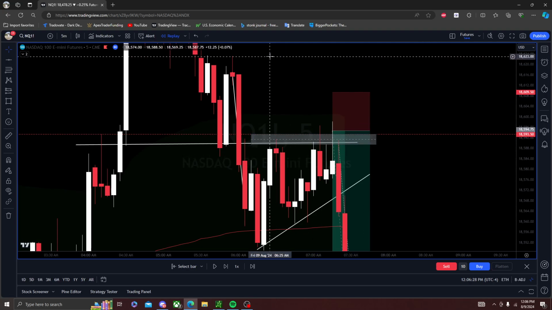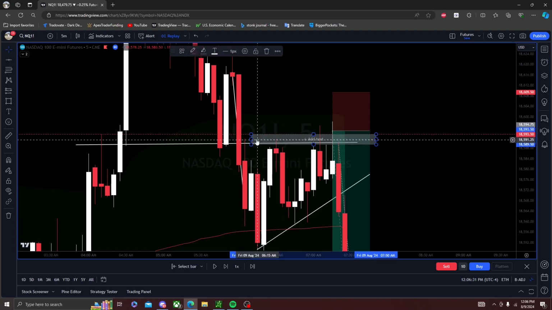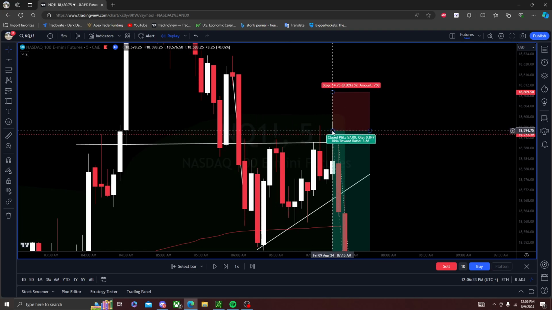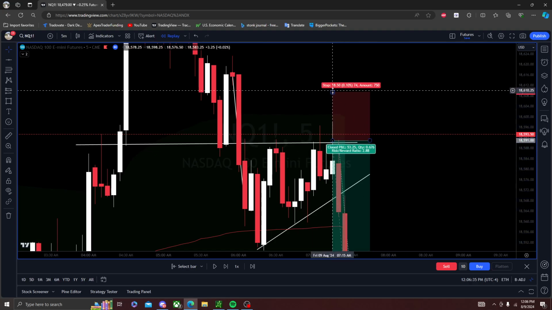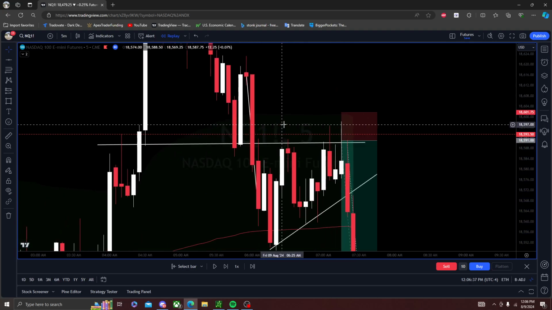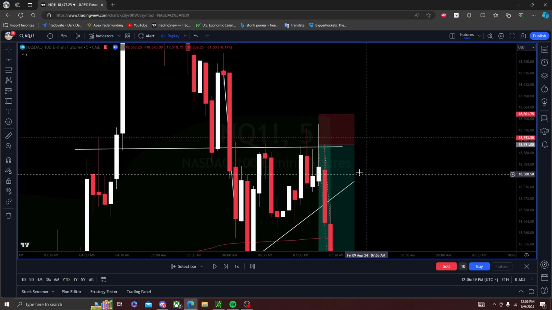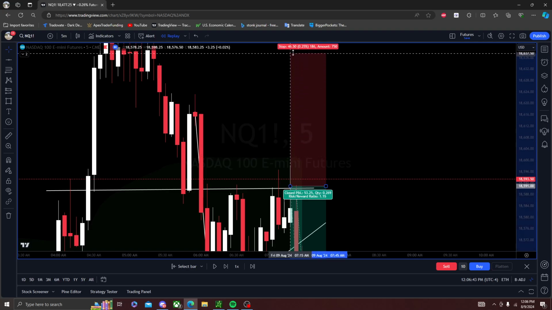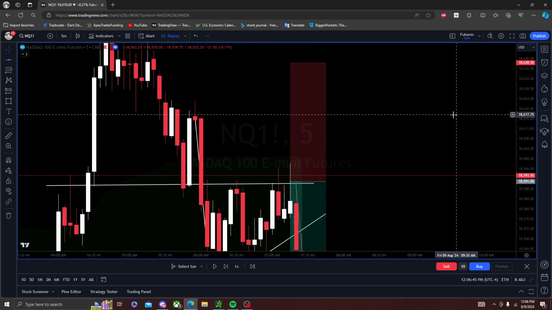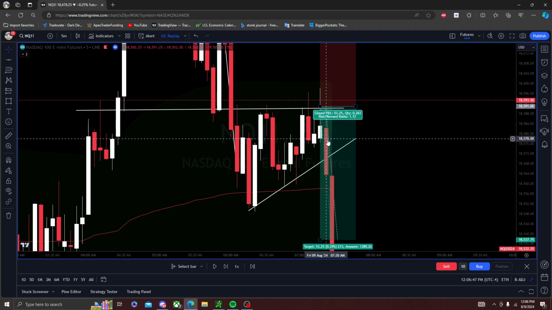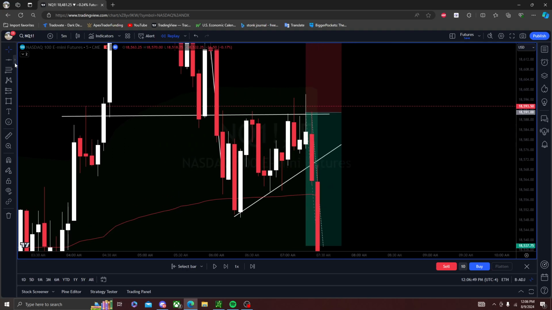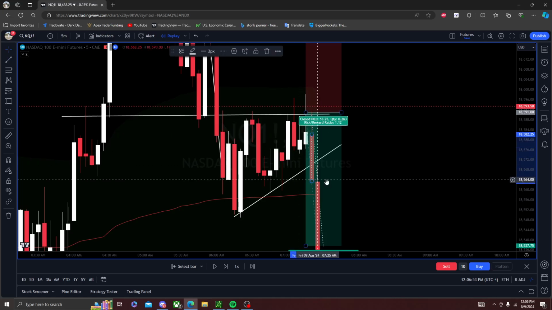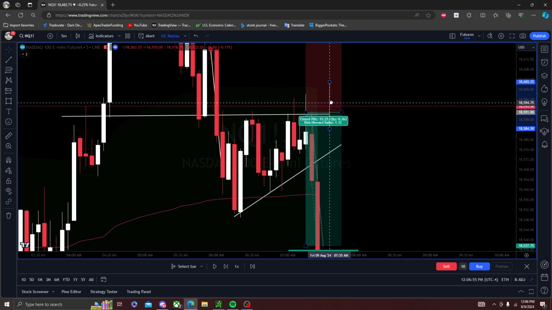Now, in terms of the actual stops, right? Yes, that can happen, but realistically, is that going to happen like that? Chances are you're not going to get hit with a move like this within a single candle. Let's just say we did the opposite of this candle right here, and we brought it up.